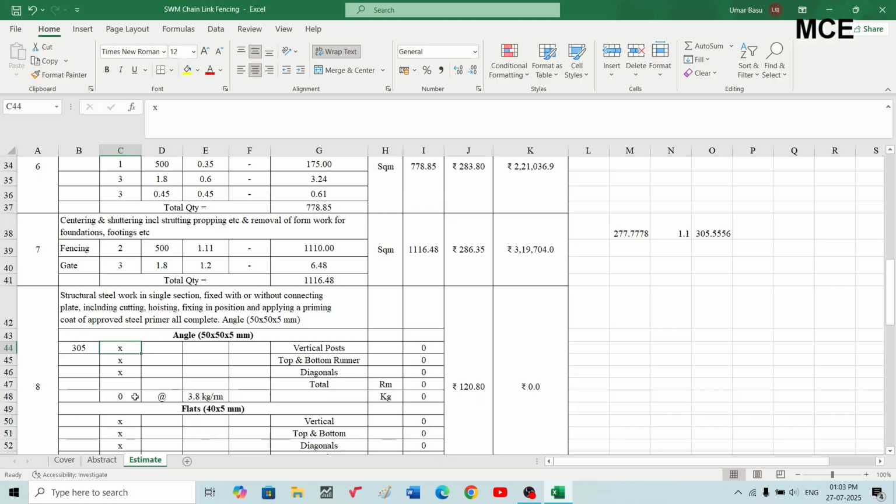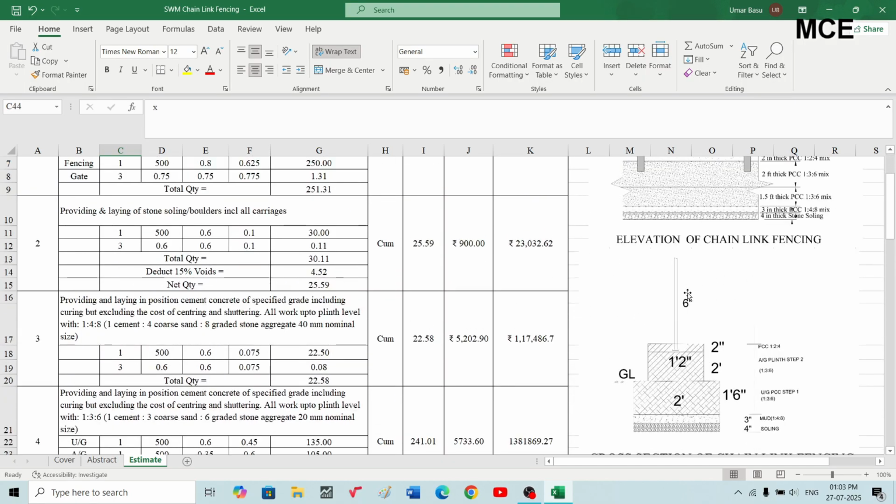The length of these vertical post is, first this 6 feet plus 2 inch, and also the depth of embedment of this vertical post, let us take it as 2 feet, that is in the above ground plinth step.